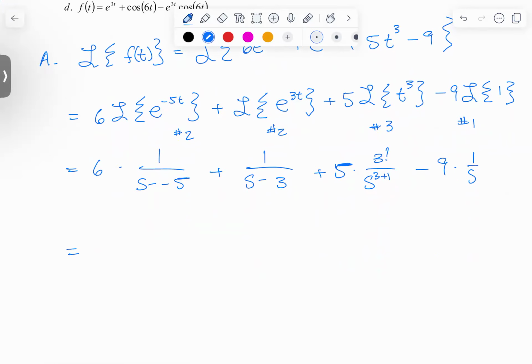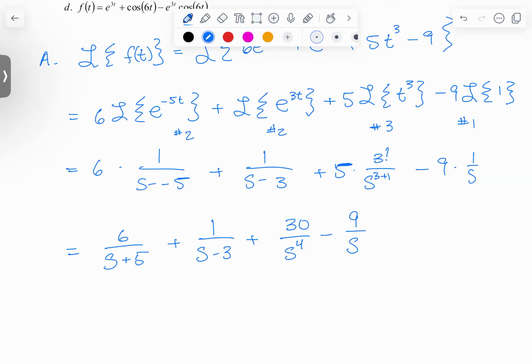And then I could simplify this down: 6 all over s plus 5 plus 1 all over s minus 3 plus, okay, 5 times 6 is 30, 30 all over s to the 4th minus 9 all over s.